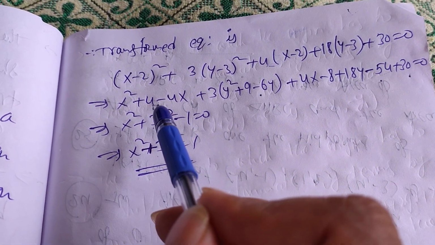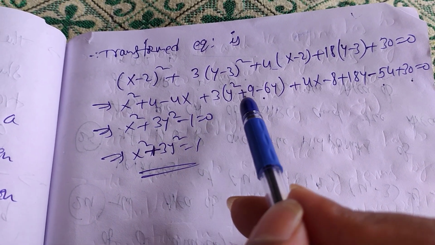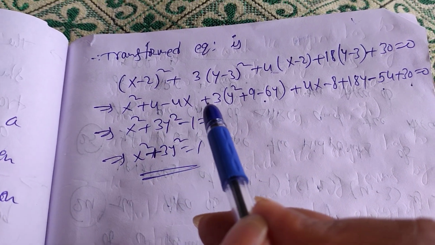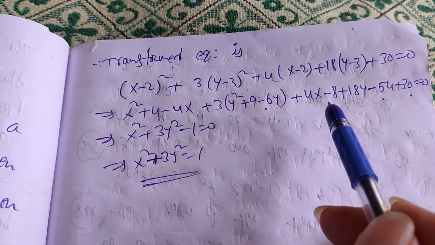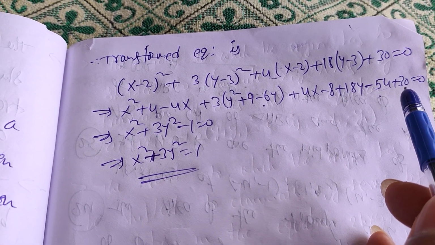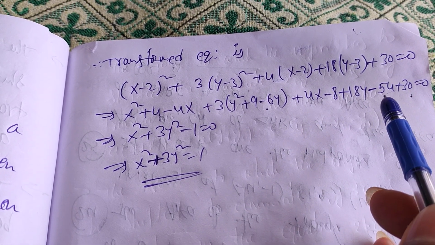Next we have only constants. 4 plus 3 9s are 27, 27 plus 4 is 31, 31 plus the positive term 30 is 61.